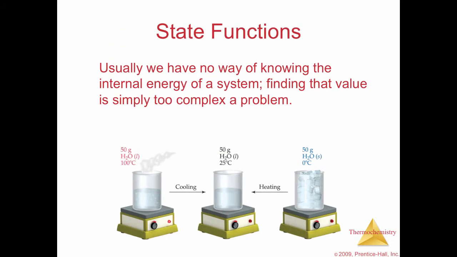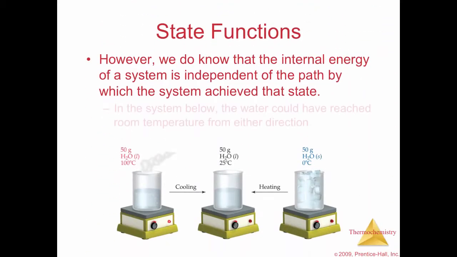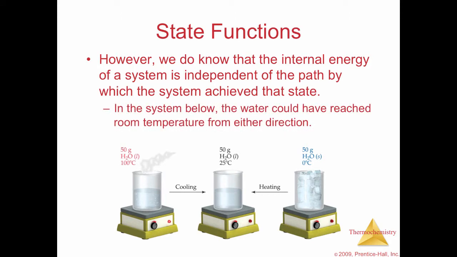State functions. Usually we have no way of knowing the internal energy of a system. Finding that value is simply too complex of a problem. However, we do know that the internal energy of a system is independent of the path by which the system achieved that state.